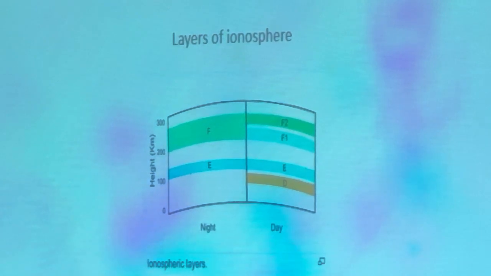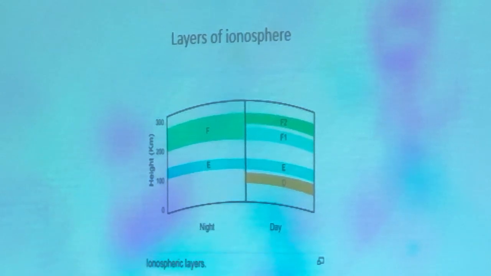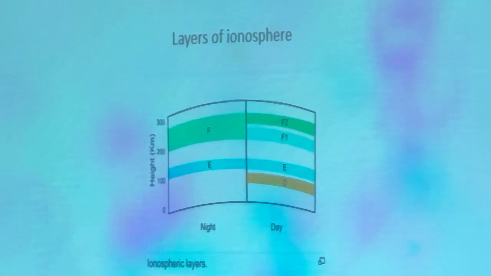And this sporadic E could cause you to have skip between 900 to 2,500 kilometers, with multiple skips up to 15,000 kilometers. So it's probably possible to get a DXCC on 2 meters. Wow. But it's not going to be with your FM mobile or your Baofeng handheld.